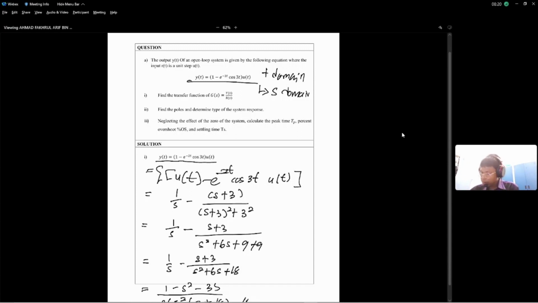So we need to check the Laplace transform table to solve this equation. Okay, so move on to the next question, which is to find the poles and determine the type of the system response.